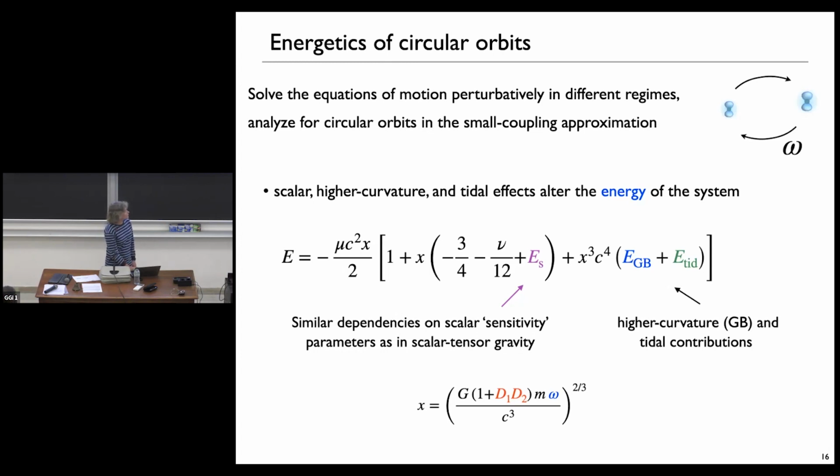Well, there's first of all a correction due to just the scalar corrections themselves, which is this ES, which is similar in functional form as in other theories with scalar fields, for example, scalar tensor gravity, except the parameters that characterize the world line skeletons are related in a different way to the properties of the black holes. And then we see the tidal and higher curvature corrections come in with the same scaling in the frequency.